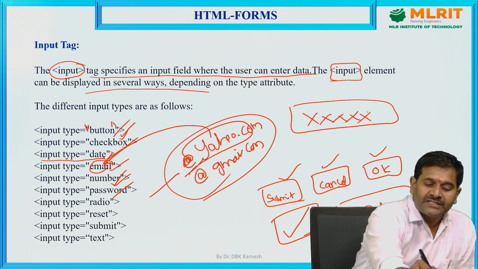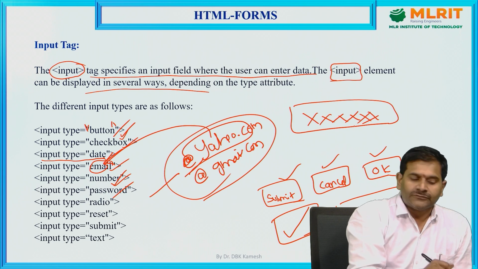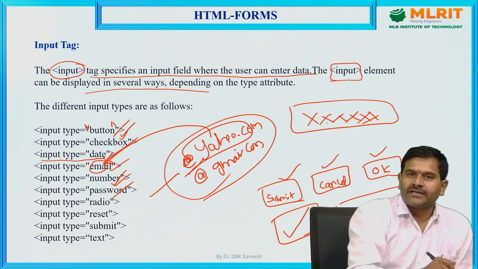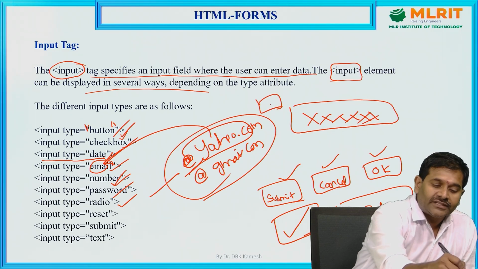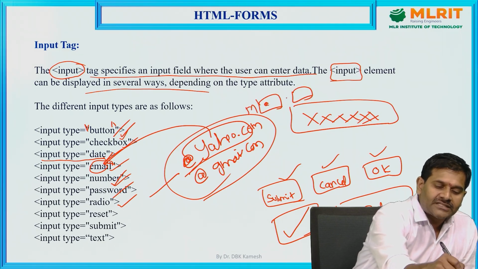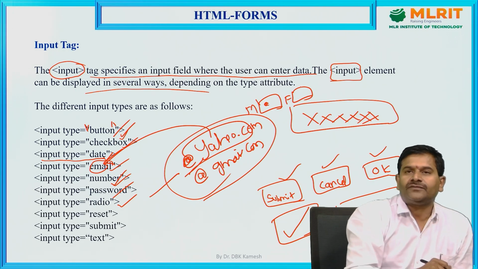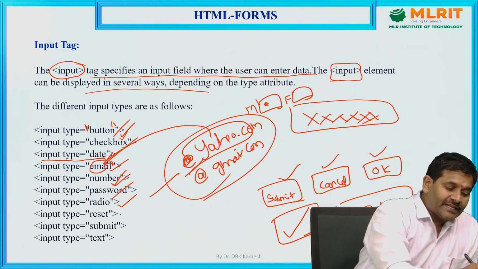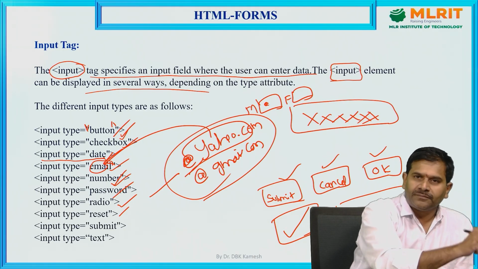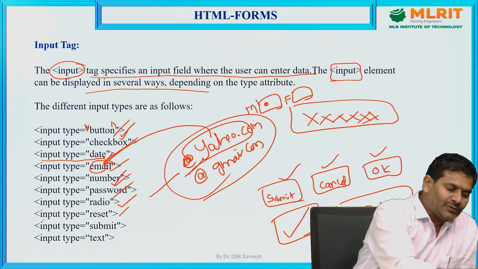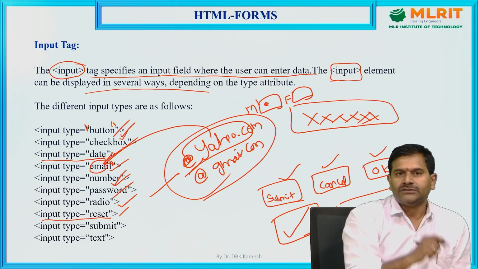Then radio buttons, where we can use male or female radio buttons. Then the reset button, which erases everything entered; we use input type equals reset.